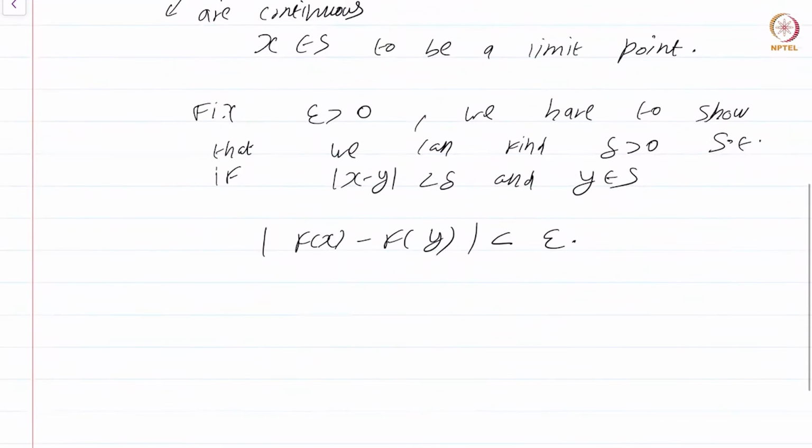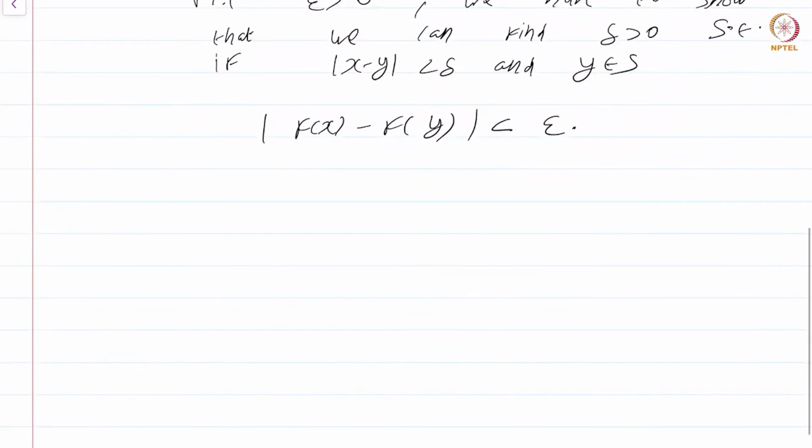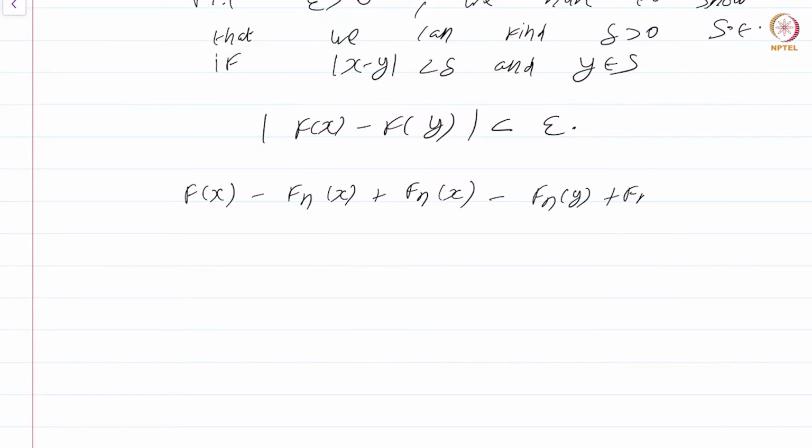Okay, so now that we want to show |f(x) - f(y)| is less than epsilon, and the only data we are given is about the continuity of the functions f_n and the fact that f_n converges to f, the natural thing to do is to play the oldest trick in the book and introduce f_n by adding and subtracting. So we add and subtract f_n(x), then add and subtract f_n(y), and expand by the triangle inequality.